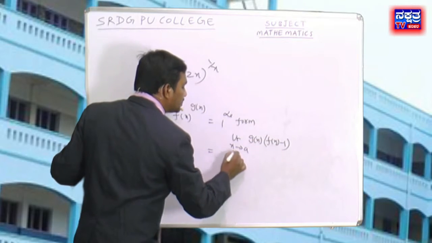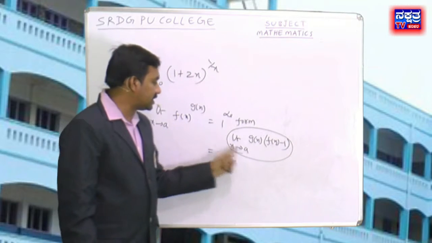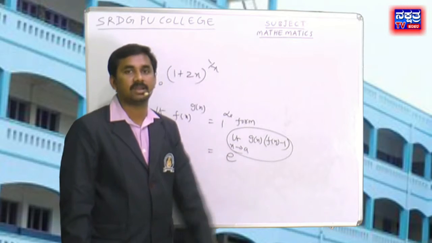So, this whole function is in the power of e only: e power limit x tends to a, g of x into (f of x minus 1).